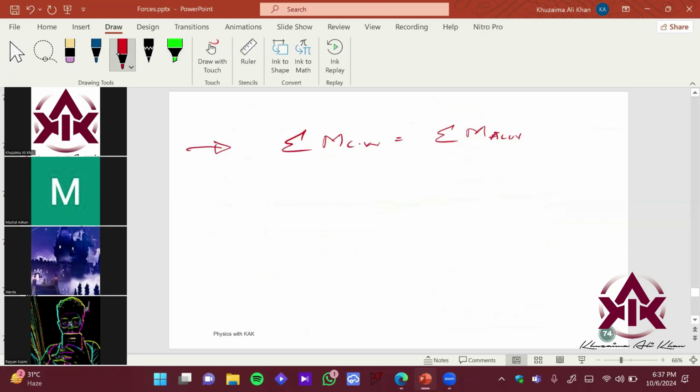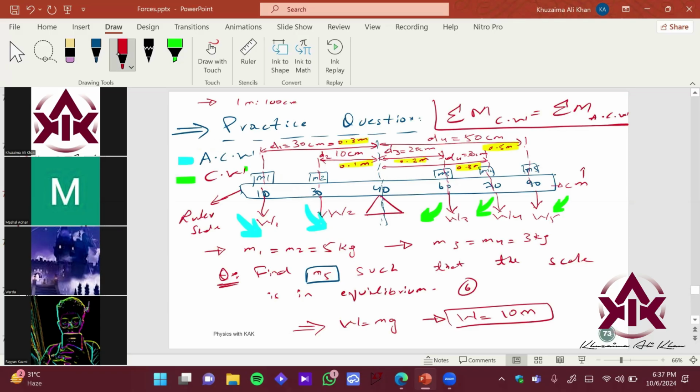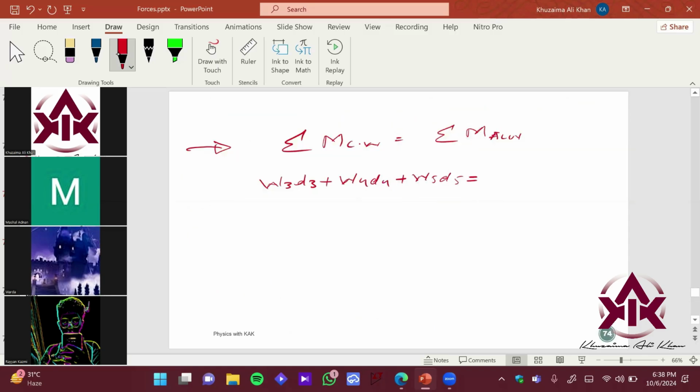So it's going to be W3 into D3 plus W4 into D4 plus W5 into D5, equals to, which weights are causing anti-clockwise moment? That is W1 and W2. So it's going to be W1 D1 plus W2 D2.